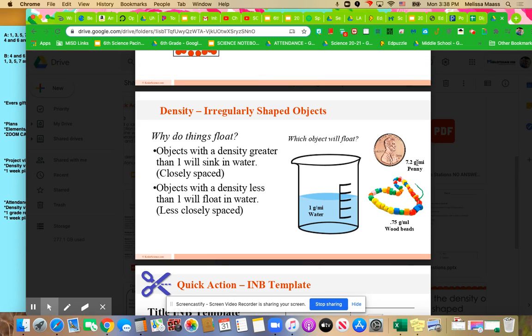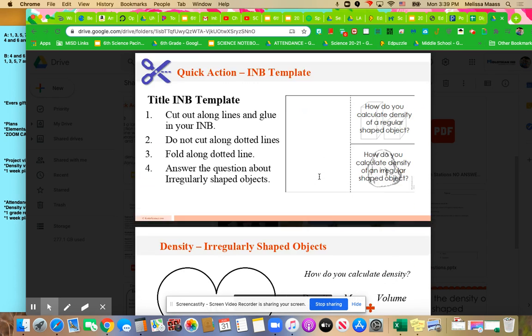I hope you're going to say sink, because 7.2 is greater than 1. And if you've ever been to a fountain at the mall and threw a penny in there, you would notice that all those coins sink. This little necklace of beads has a density of 0.75. Now, that's less than 1, so hopefully you know that that's going to float, okay?